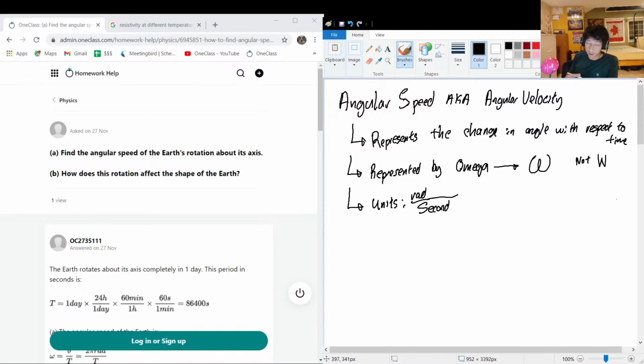So for the angular speed of the Earth, we need to find the time that the Earth takes to do one whole rotation, which is 2 pi radians.